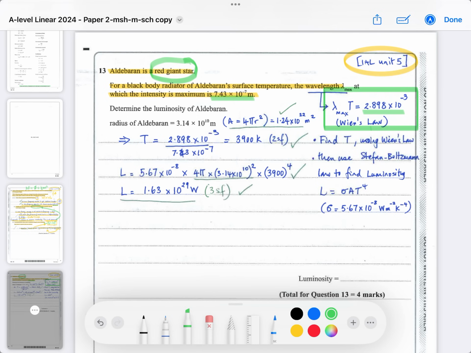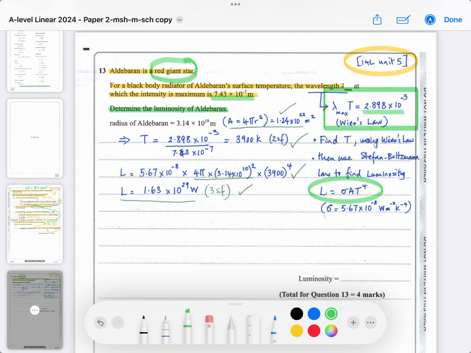They want you to determine the luminosity of Aldebaran. First you work out the temperature, and once you know the temperature, you can then use the Stefan-Boltzmann law, which links the luminosity to the surface area of the star and the temperature to the power of 4.